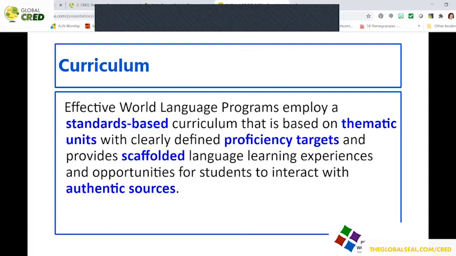You want scaffolded language learning experiences to help build proficiency over time. And you want to have opportunities for students to interact with authentic sources, not necessarily things that are created just for language learners where they only interact with the 5 or 10 words at a time that they've learned.